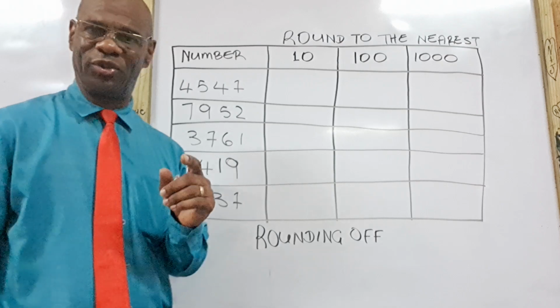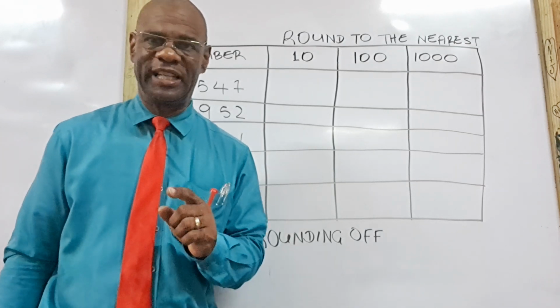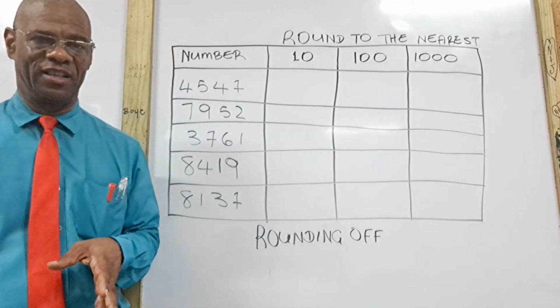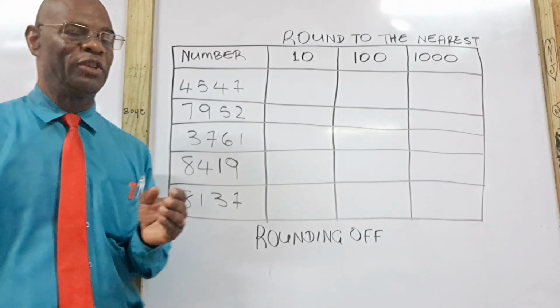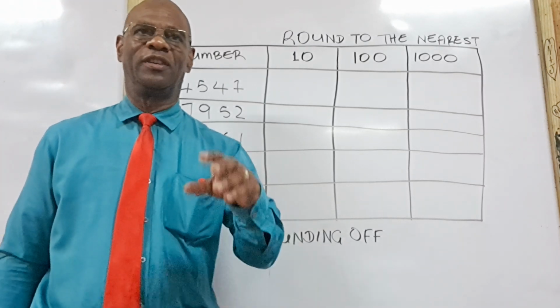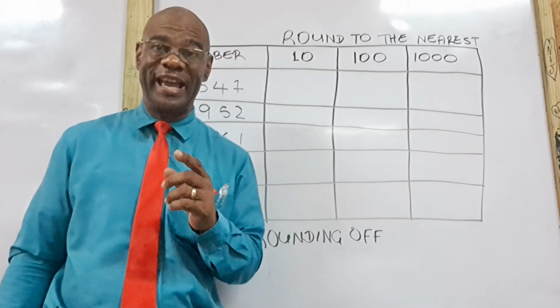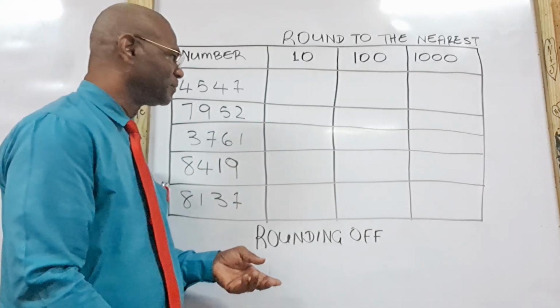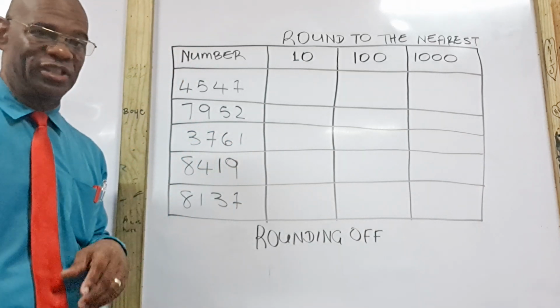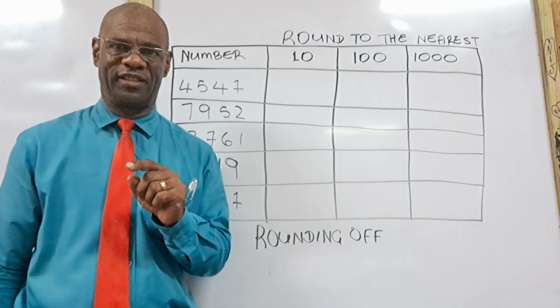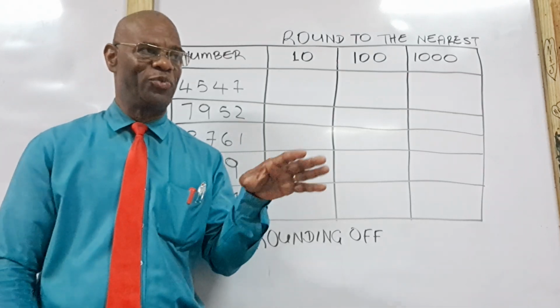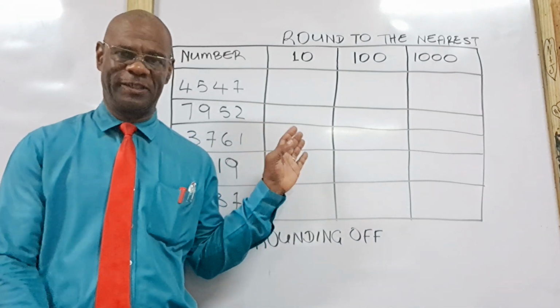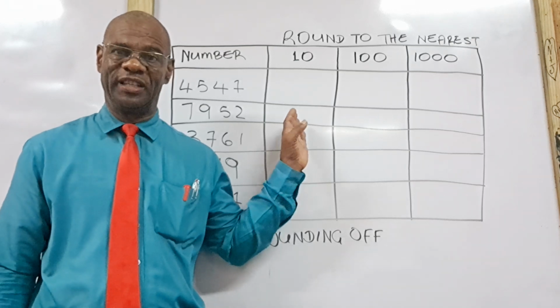The first thing we need to do is identify the digit that is in the 10th place. Then we look to the right of that digit. That digit, and all the others behind it, we are going to be discarding.